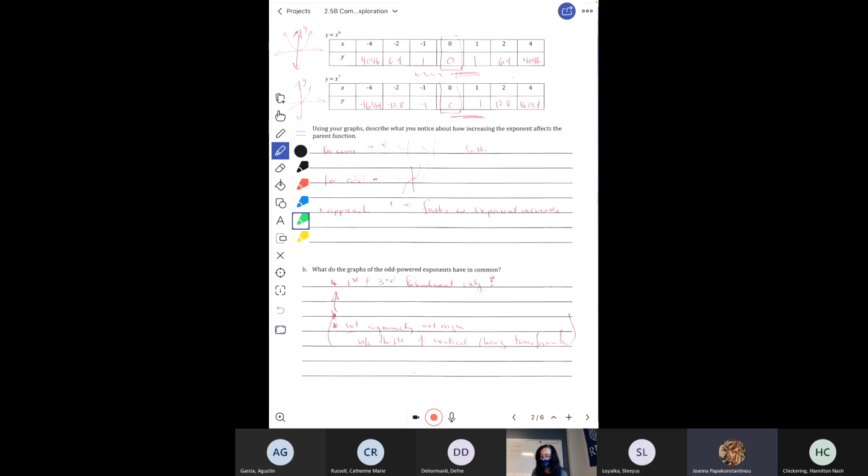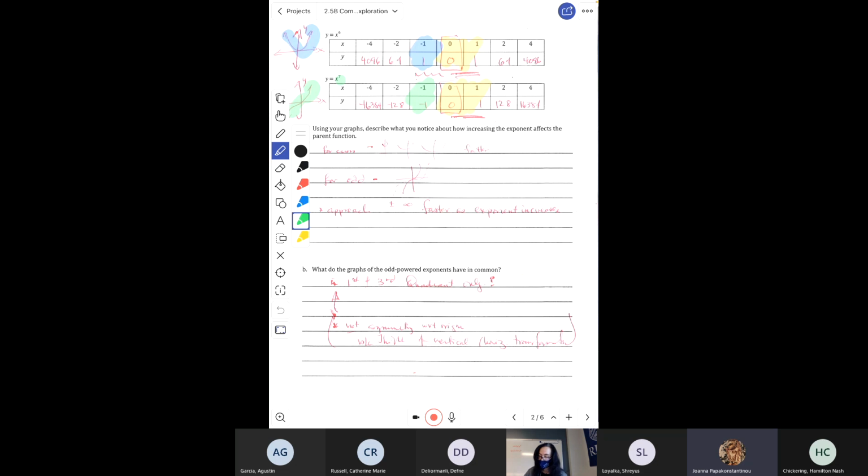So let's go a little bit more in detail. And again, this continues with the odd and with the even and with the points that they share, right? And ones that even powered parent polynomial functions had and odd parent polynomial functions had. So if you used your graphs, I wanted you to describe what you notice about how increasing the exponent affects the parent functions.